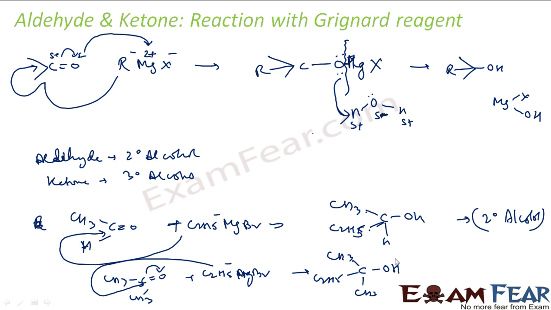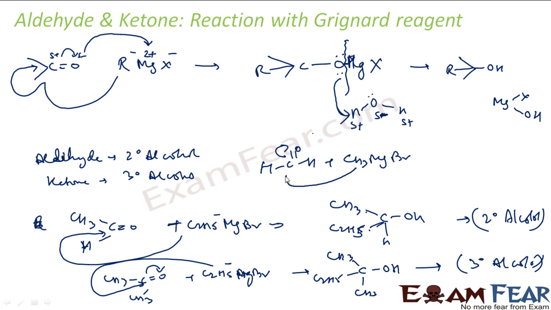This is what I'll get. And if you see, this is the 3-degree alcohol. Correct. So if I use aldehydes, I get 1 degree or 2 degree. For example, if I use HCHO, and in this case I use CH3MgBr, let's suppose, what I get is 1 degree alcohol.